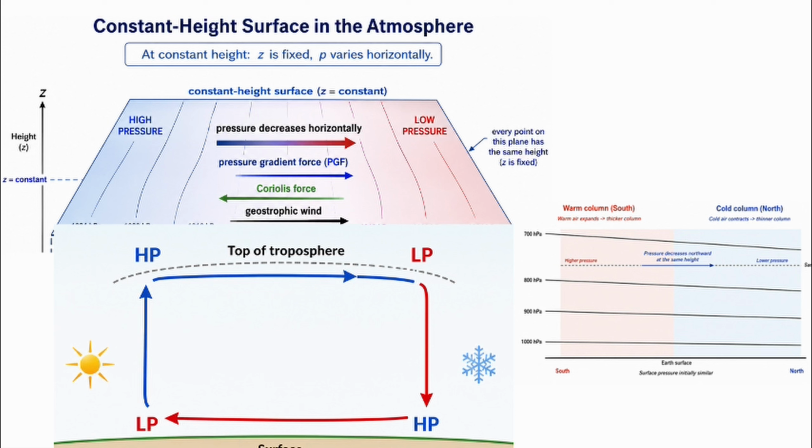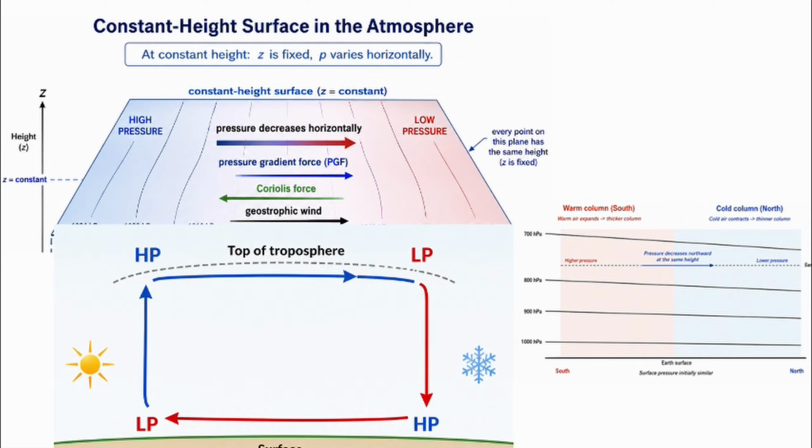So we have a horizontal pressure gradient from south toward north, and the pressure gradient force points toward the north. Now comes the interesting question. If the pressure gradient force is pointing northward, why doesn't the air simply continue accelerating toward the north?